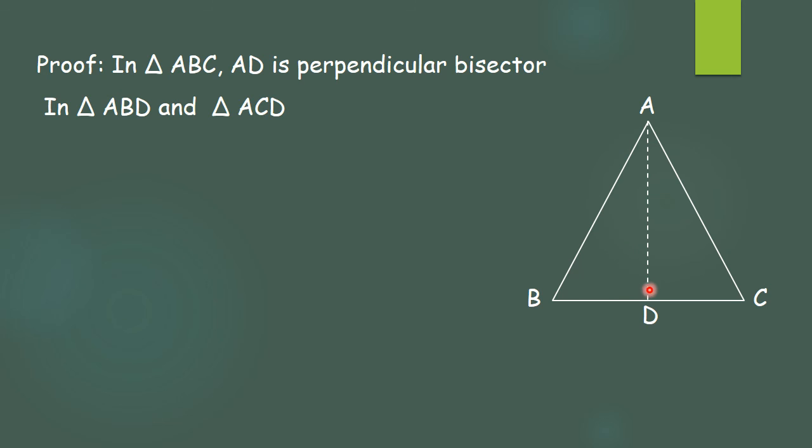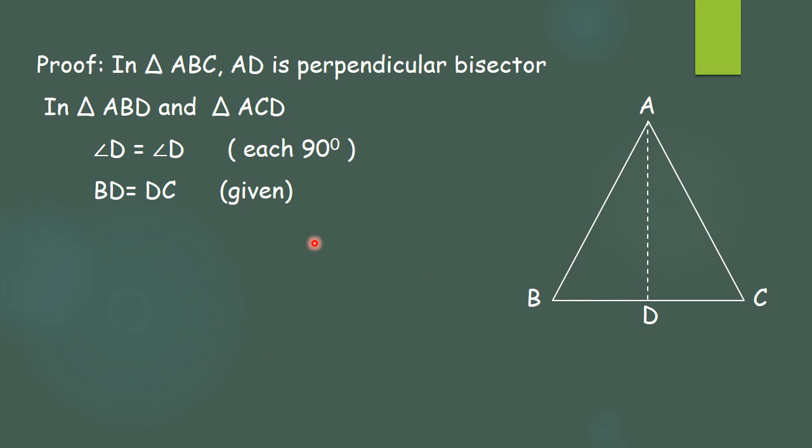Now what is the given? Angle D is equal to angle D, each 90, as given. As a bisector, BD is equal to DC. Then AD is equal to AD, that is a common side. So we have taken this side and the angle, and the angle is between the two sides.